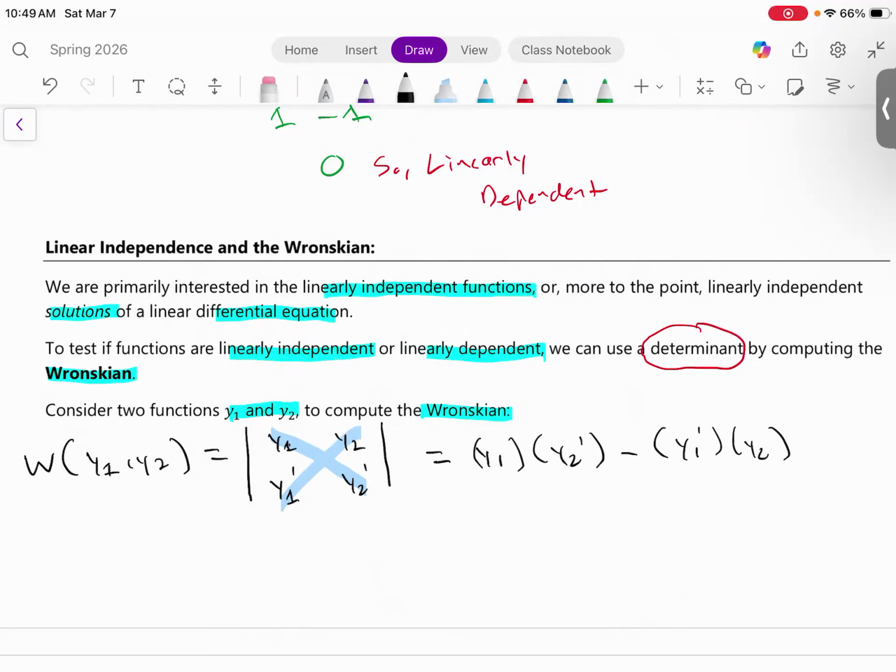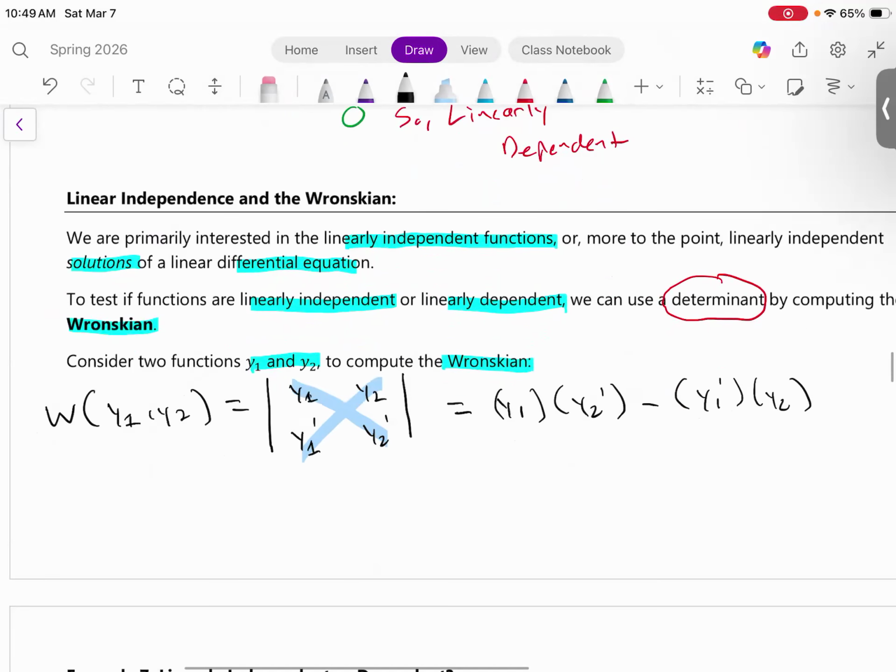Don't forget that you need to subtract them, because it's a determinant. This gives us some answer. So how do we determine whether something is linearly independent or dependent? Here's the key.